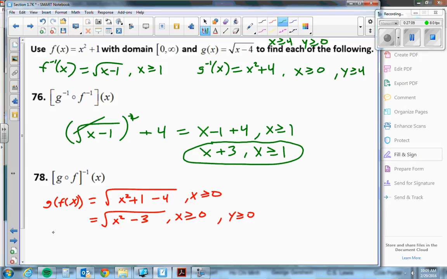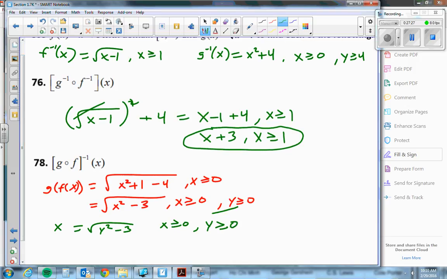Now we're trying to find the inverse of this. So swap x with y. And your domain and range swap, except they're both non-negative. So when you swap them, this became your domain restriction, that became your range restriction. All right.